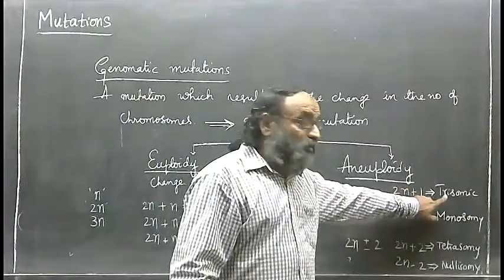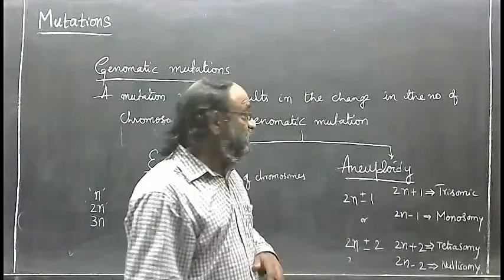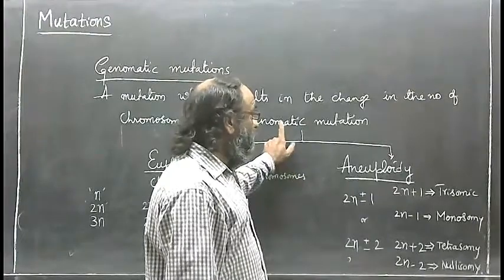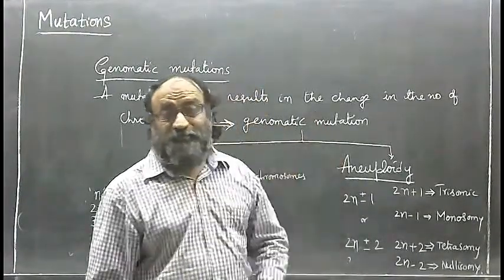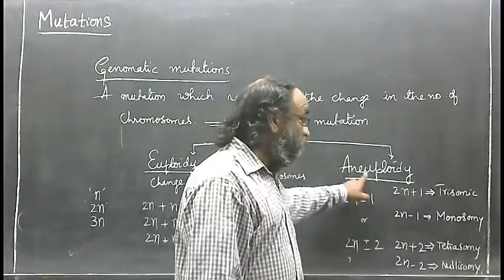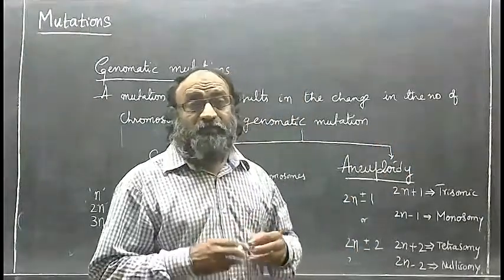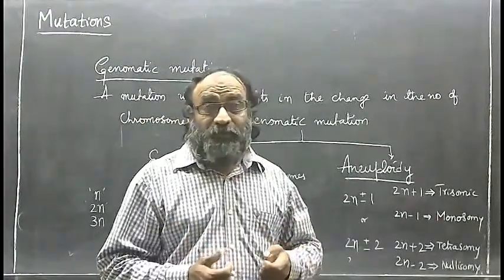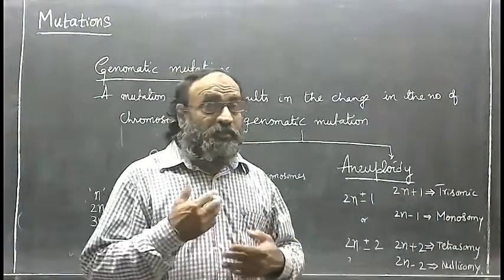Therefore, Klinefelter's person's existence in the population is because of genomatic mutation due to aneuploidy. So, try to remember, these are very, very important. I have given only one example for your understanding. They may take any examples.